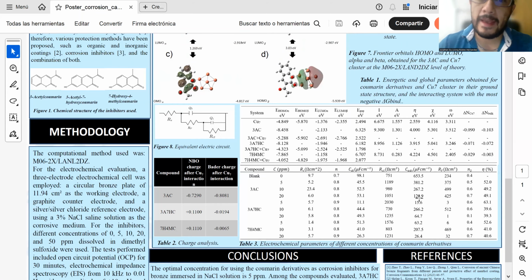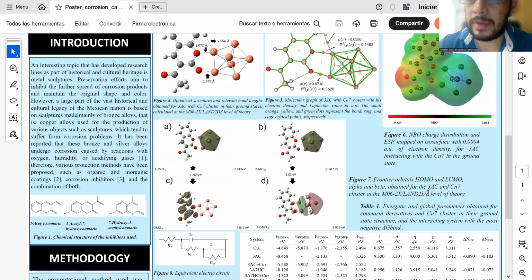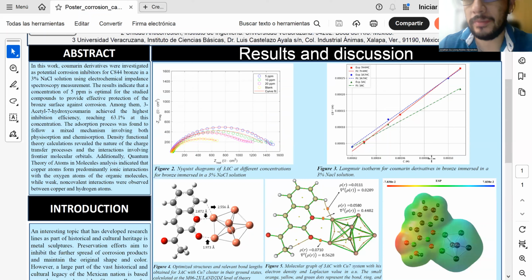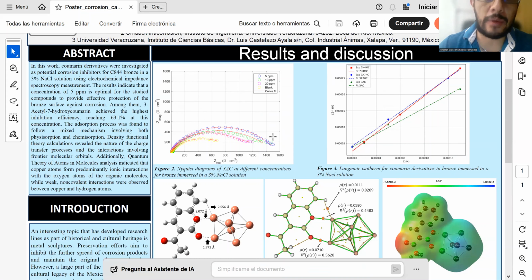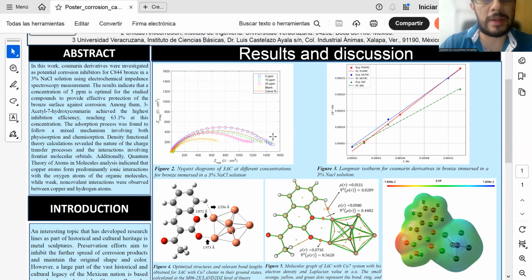Okay, and now the results and the discussion. Well, the experimental results that we could see are these. For figure 2, we can see the Nyquist diagram that is necessary to obtain the inhibition efficiency. As we can see, the higher diameter of the circumference was for 5 ppm.